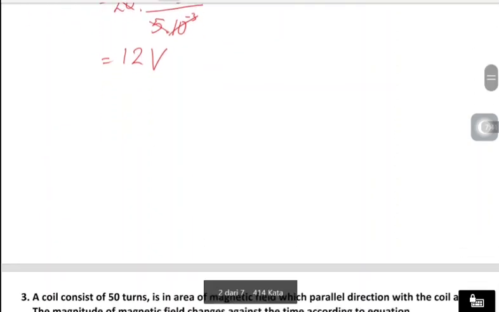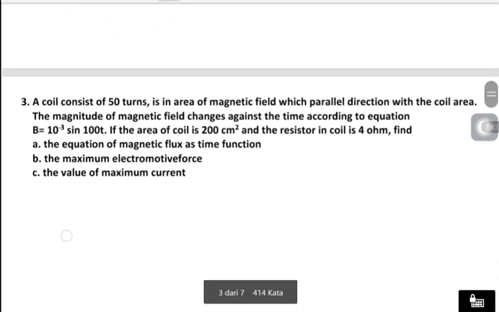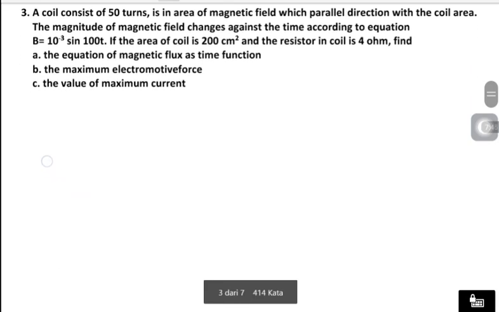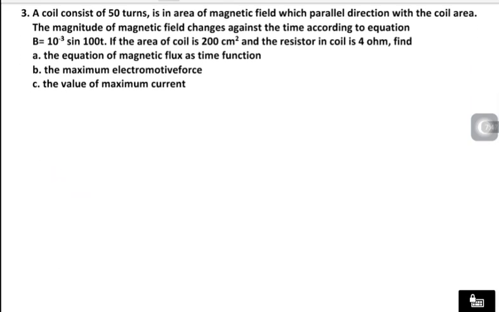Next, number 3. A coil consists of 50 turns, is in an area of magnetic field which is parallel in direction with the coil area. The magnitude of the magnetic field changes with time according to the equation B equals 10 to the minus 3 sine 100t.